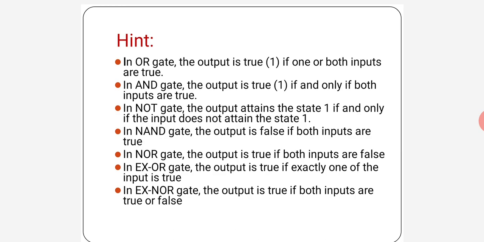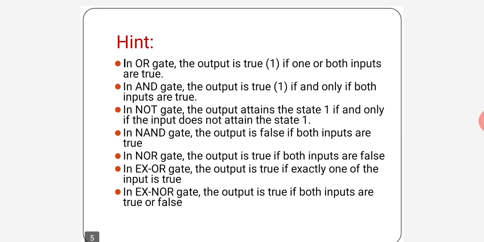So long as you have a true value, like for instance we have 0 and 1, the output is 1. 1 and 0, the output is 1. 1 and 1, the output is 1. Unless you have both inputs to be false, that's when you have a false value as the output. So in OR gates, the output is true if one or both inputs are true.